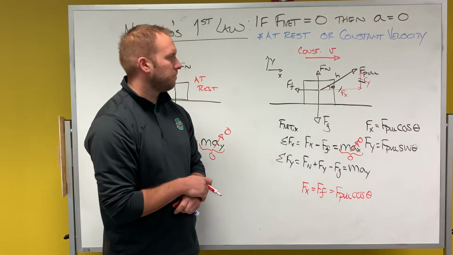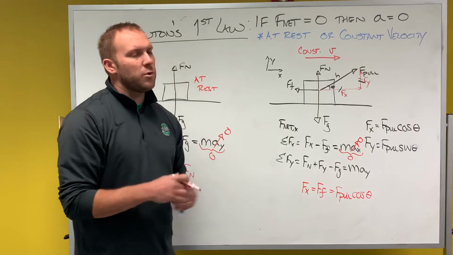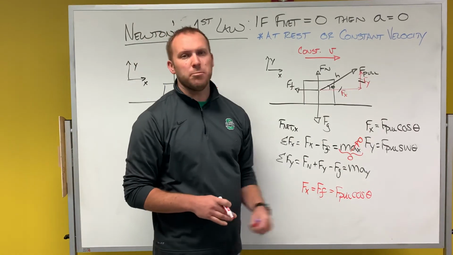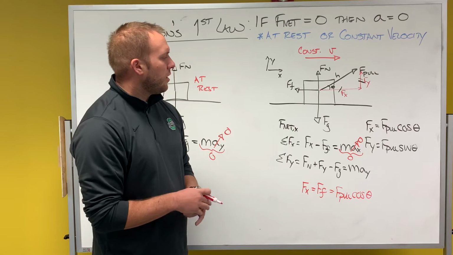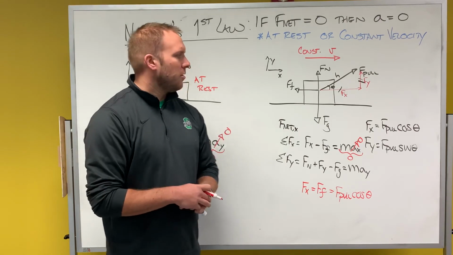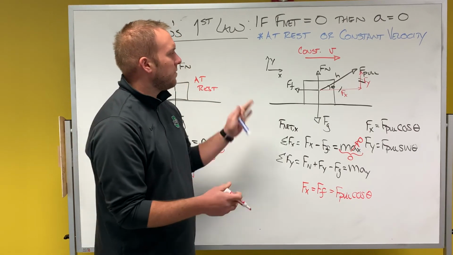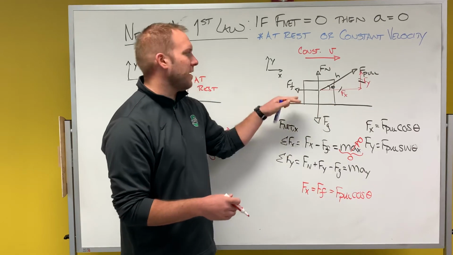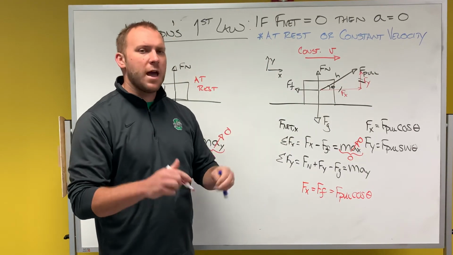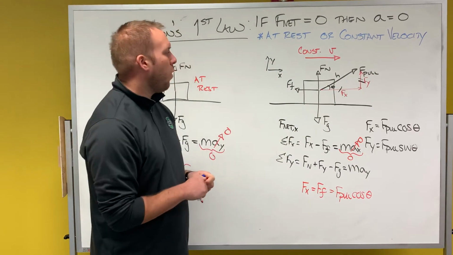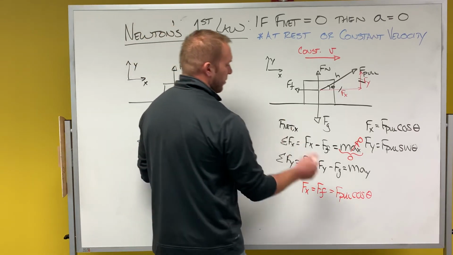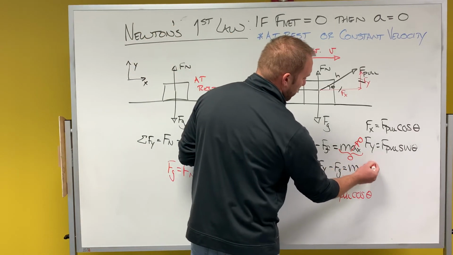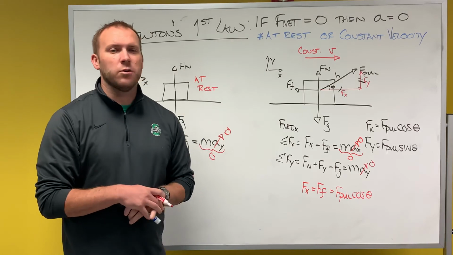Now what you'll see with this is if we're talking about something that's being pulled to the right, it won't explicitly say it, but what it implies is that it's not accelerating up or down either. So that could be at rest in the y direction. That tells me that my acceleration in the y direction is also 0.